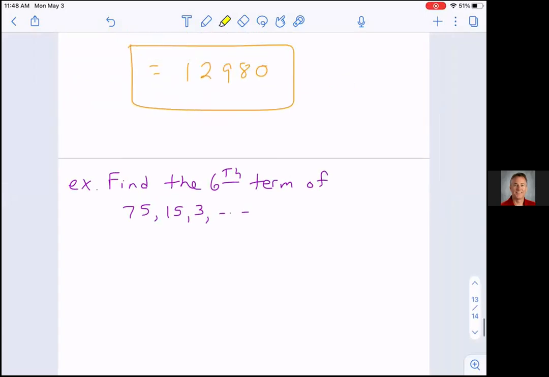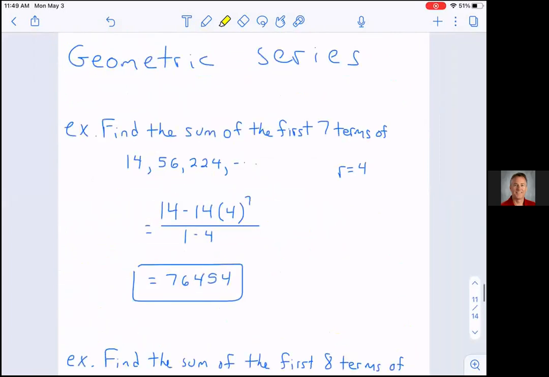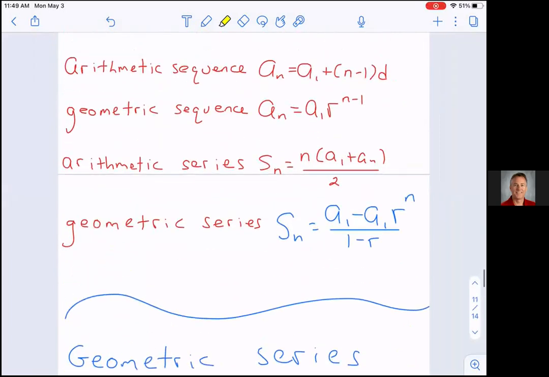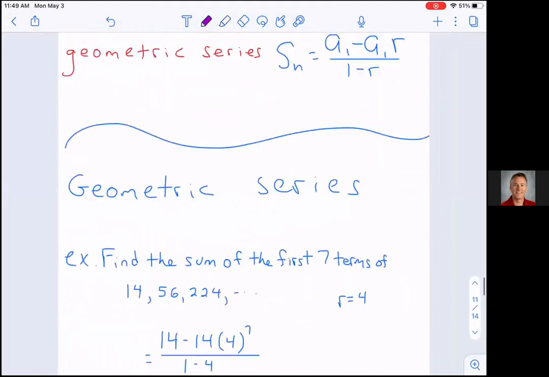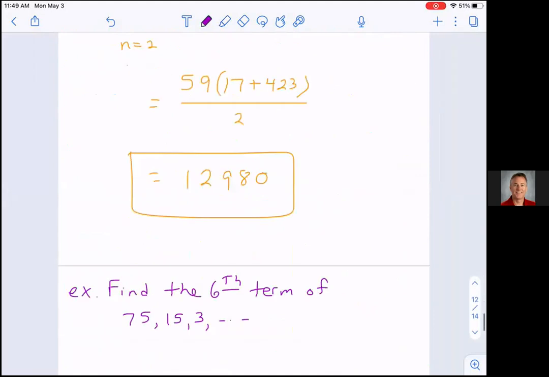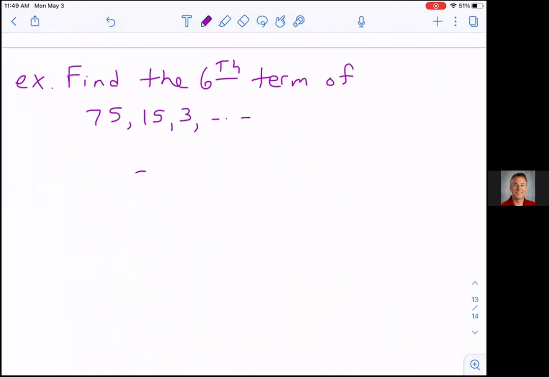It's a sequence. I'm going back to where we have all 4 of those together. It's a geometric sequence. So I'm going to do a sub 1 times R to the n minus 1. So here we go. A sub 1 is 75 times our R value, which is 1/5, to the n, which is 6, minus 1.